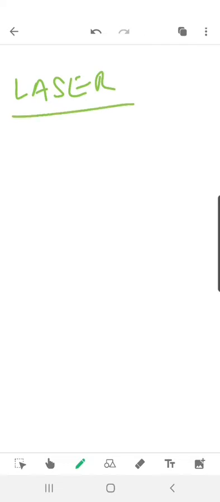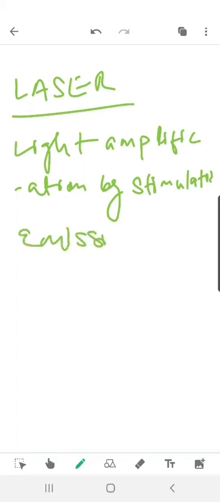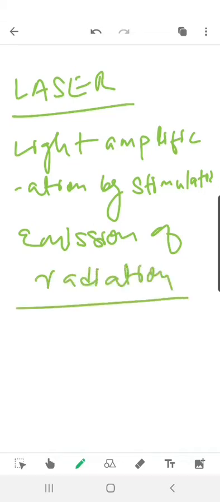Laser simply stands for light amplification by stimulated emission of radiation. So laser is a short name for light amplification by stimulated emission of radiation.